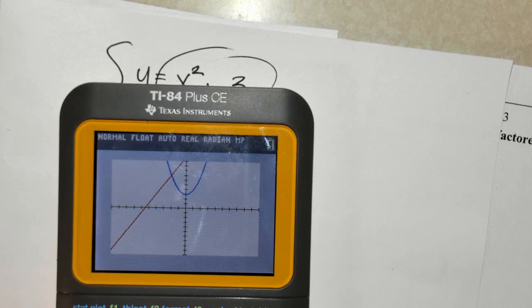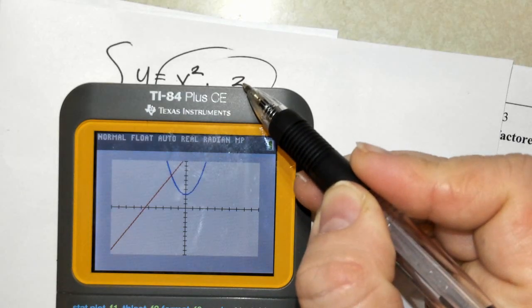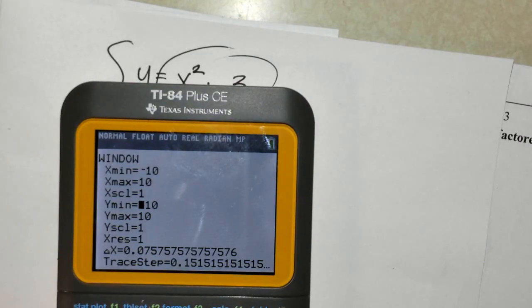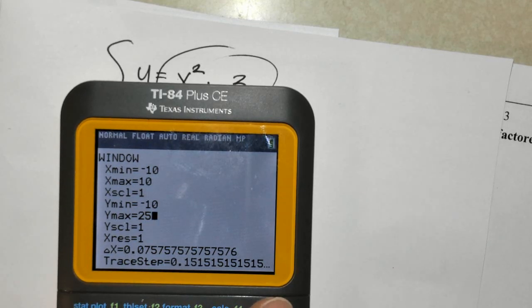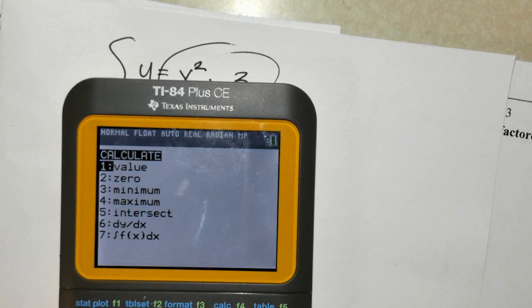Do we see both solutions? How many solutions can we see? But can we predict this eventually will hit the other side of the parabola? We need to move the y's up. Go to Window. Let's move this up to 25 and see if I move the y maximum to 25. Is it at a height where I can now see where they intersect? It is.